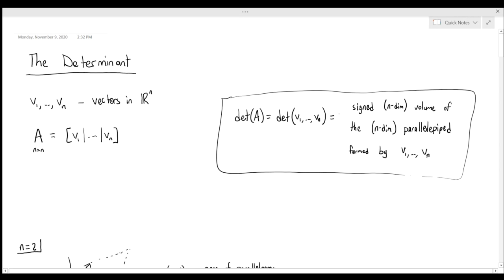What the determinant represents is the signed n-dimensional volume of the n-dimensional parallelepiped formed by these vectors v1 through vn. This is kind of a lot to dissect, so I wanted to start with the simplest and most revealing case, which is when n is equal to 2.